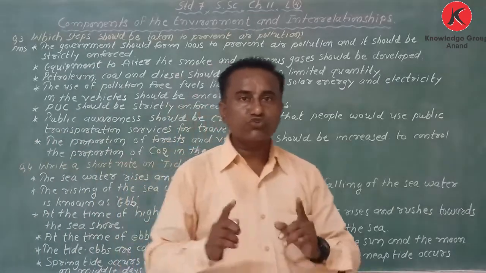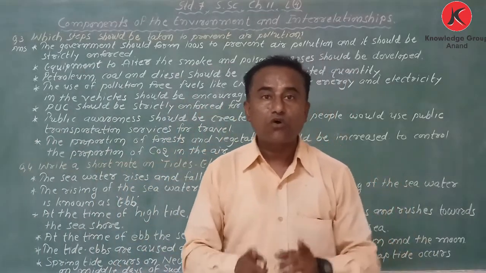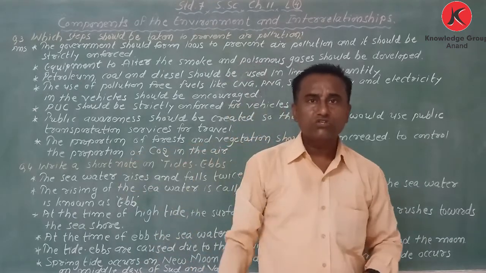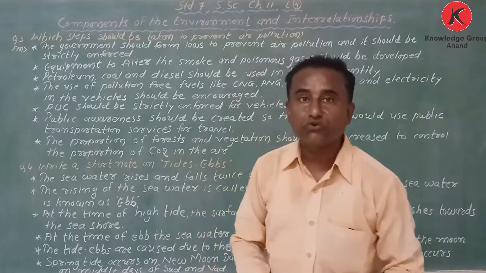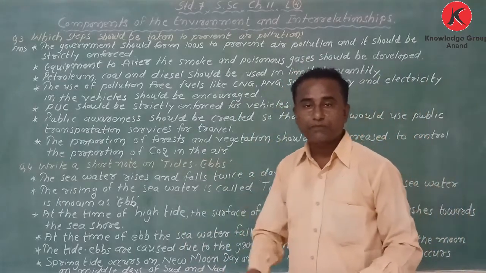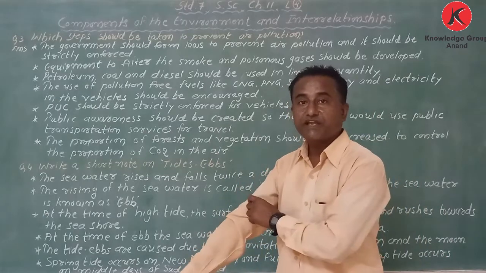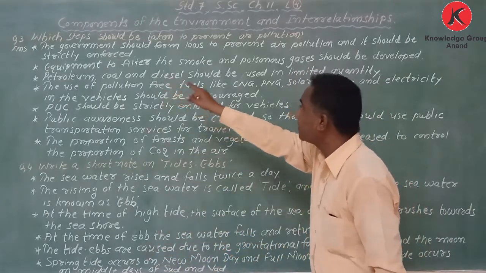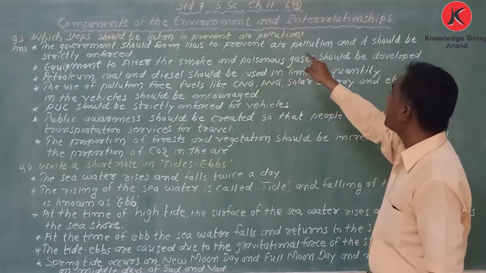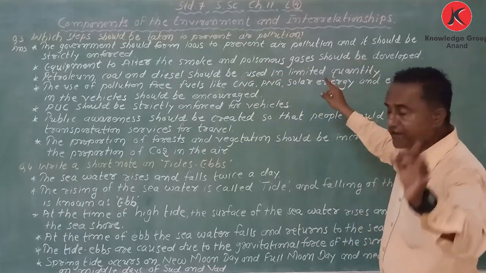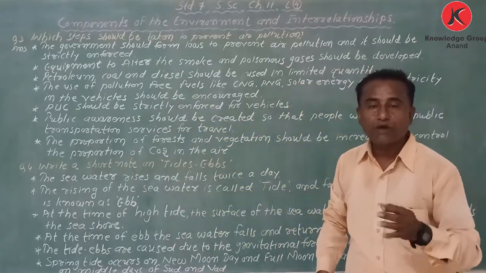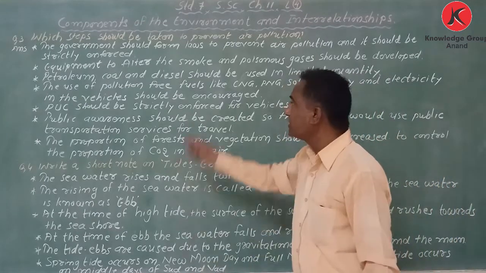My dear students, strictly it should be followed by everyone. They have to force the people to follow certain rules and regulations. The government should form laws to prevent air pollution, and they should be strictly enforced and followed by us.